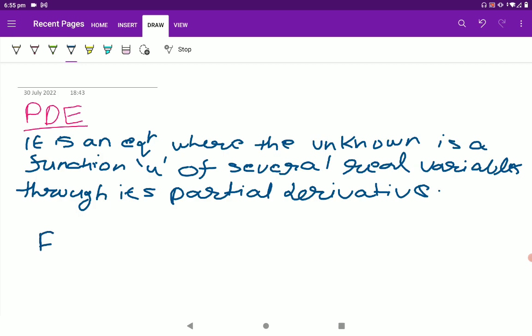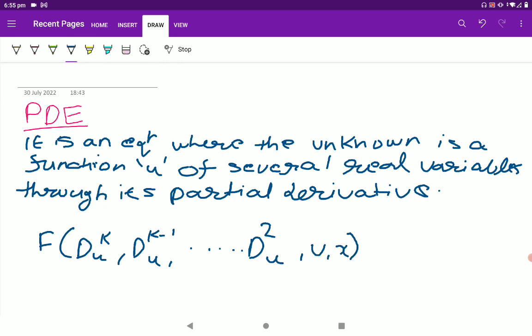This is a function of the derivatives, F(D^k u, D^(k-1) u, ..., D^2 u, Du, u, x) equal to 0.